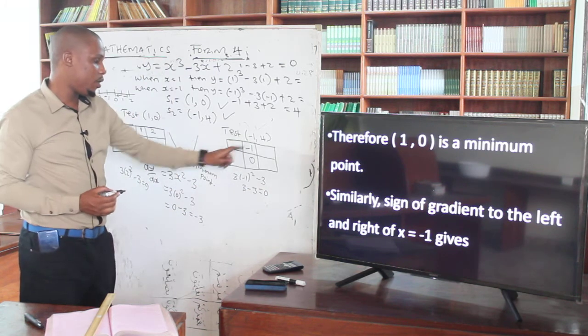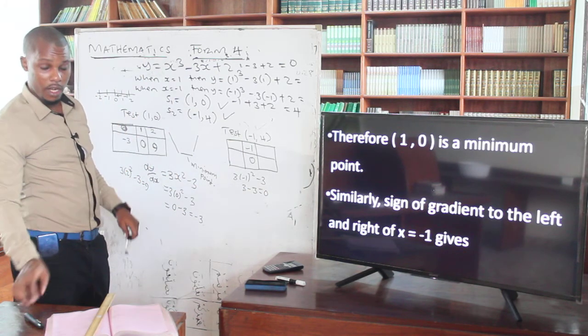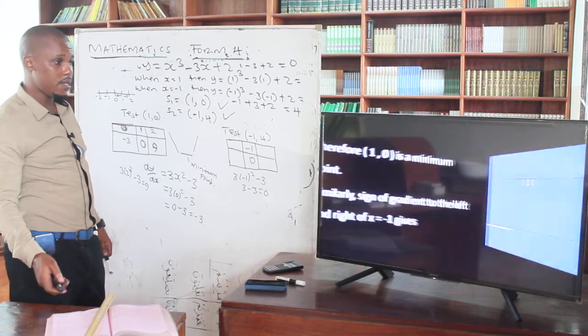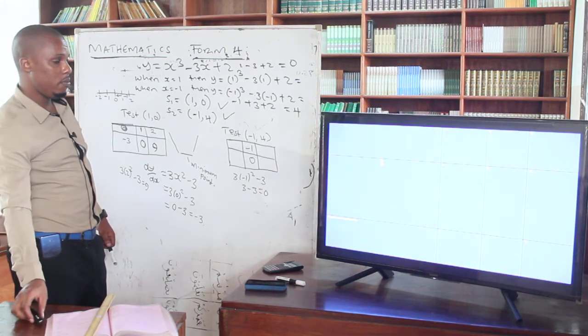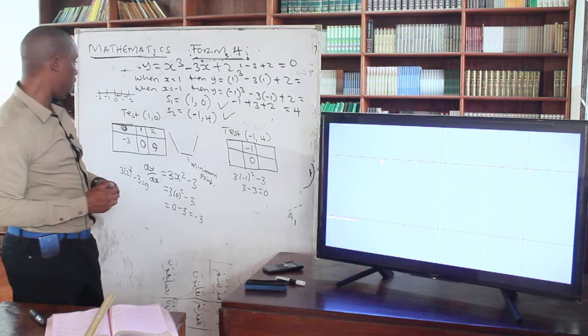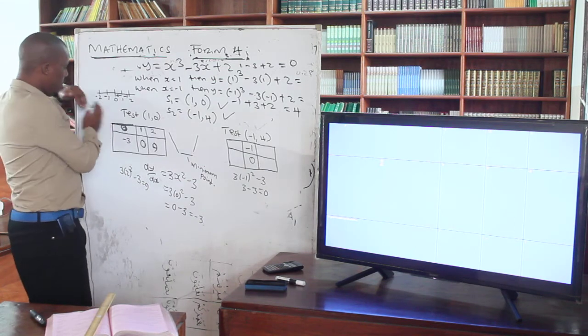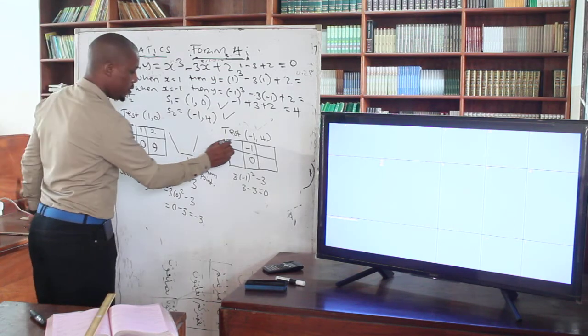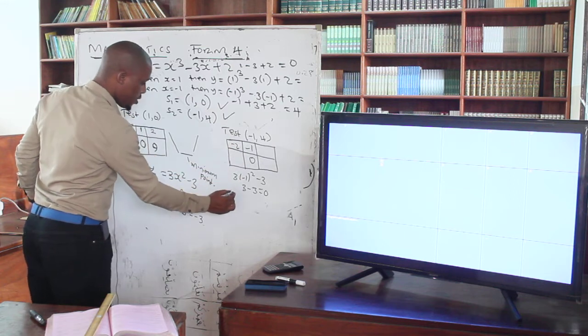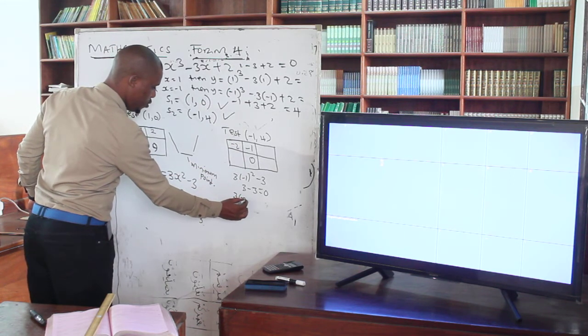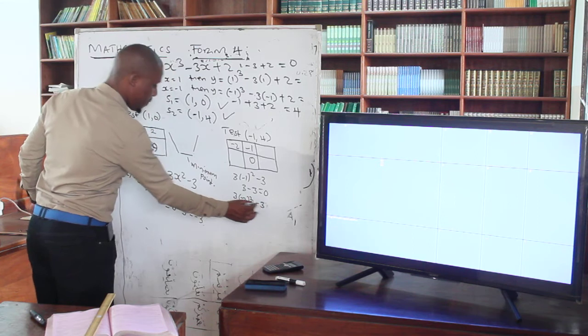Then we pick one point to the left of -1, so I pick -2, and substitute again: 3 times -2 squared, minus 3.